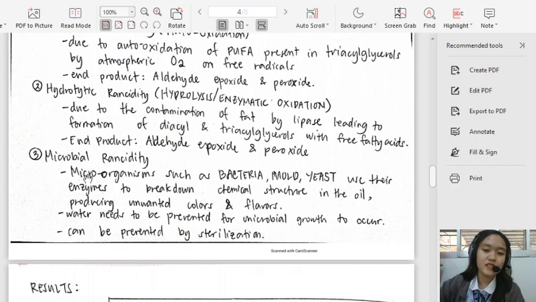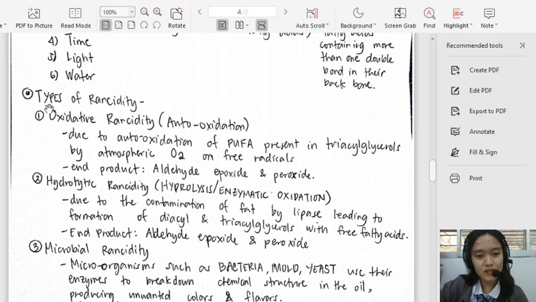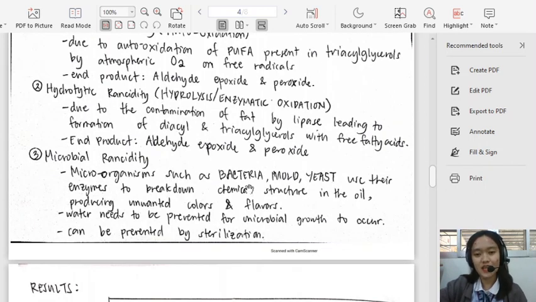Next, microbial rancidity. This is caused by certain bacteria, molds, and yeast. Out of the three types of rancidity, this microbial rancidity is probably the most disgusting. Oxidative and hydrolytic rancidity are natural processes that you cannot avoid, but there is no presence of pathogens in them. In microbial rancidity, what makes it rancid can be bacteria, mold, or yeast.